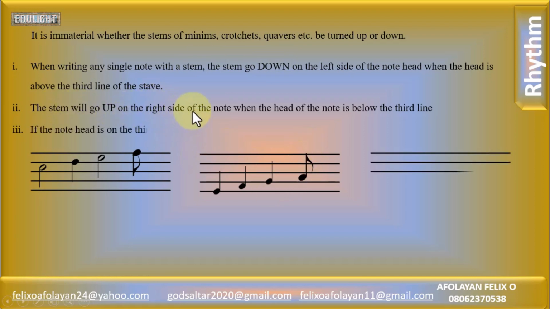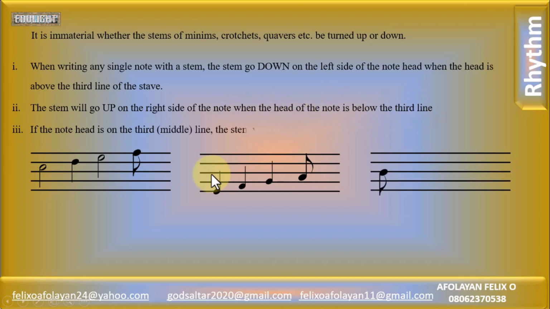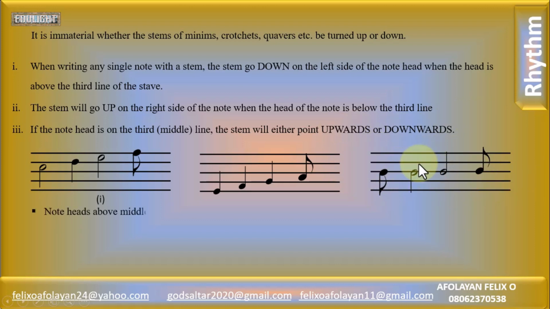On the right side of the note, when the head of the note is below the 3rd line, the stem goes up. If the note head is on the middle line, the stem will either point upward or downward, like what we are seeing here. For more understanding, take a look at this.